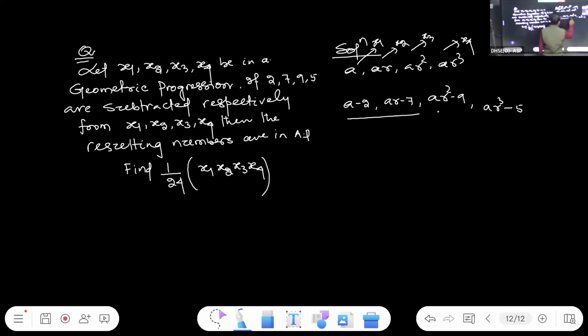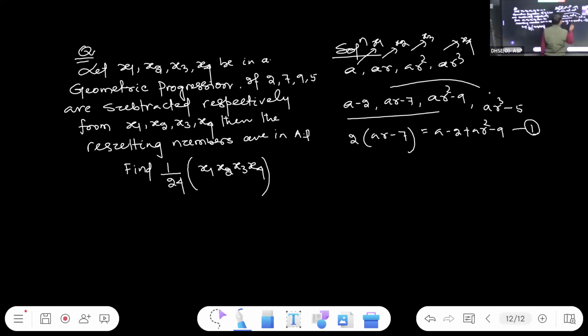If three terms are in AP, twice the middle term is equal to the sum of the extreme terms. So 2 times (ar minus 7) is equal to (a minus 2) plus (ar squared minus 9). It is one of the equations involving a and r.